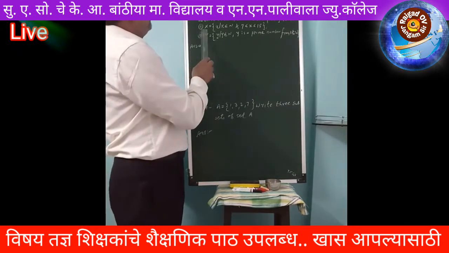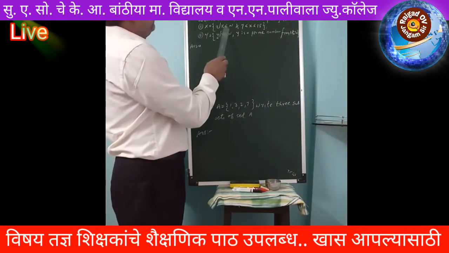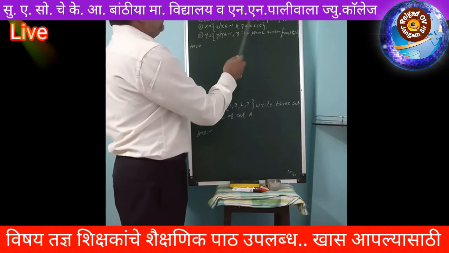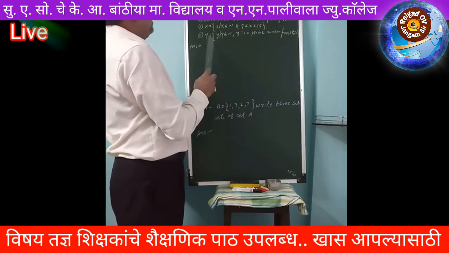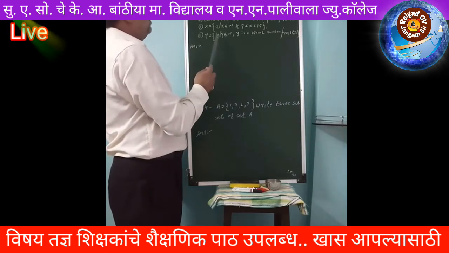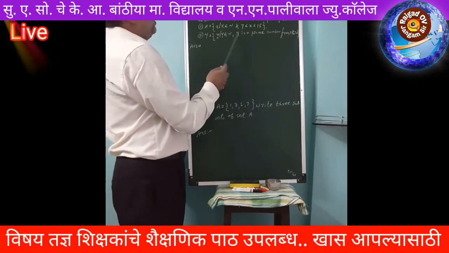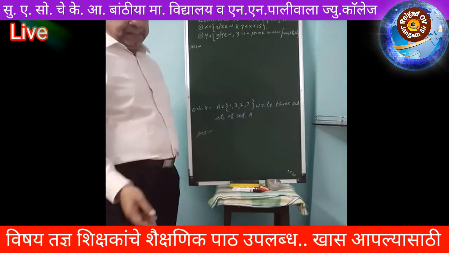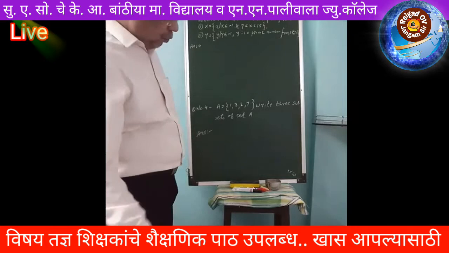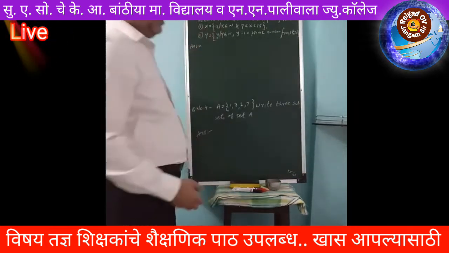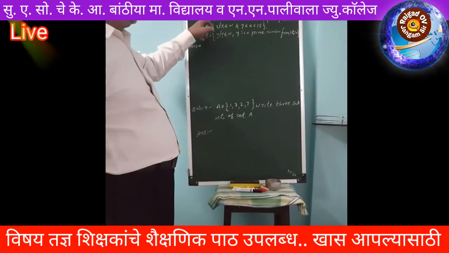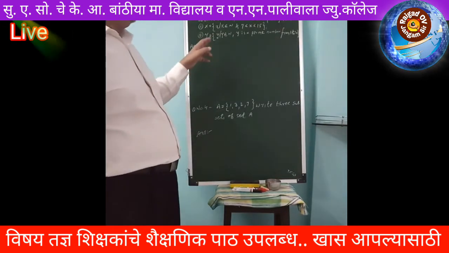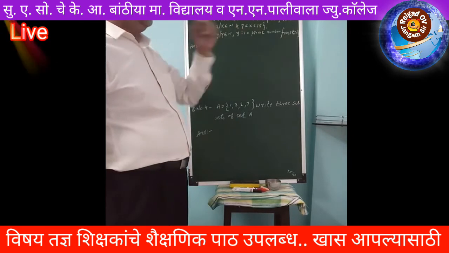Set X is given: X such that X belongs to N and X is between 7 and 15, and set Y such that Y belongs to N and Y is a prime number from 1 to 20. So you are given two sets, and you take the universal set of natural numbers from 1 to 20 and then show set X and set Y.